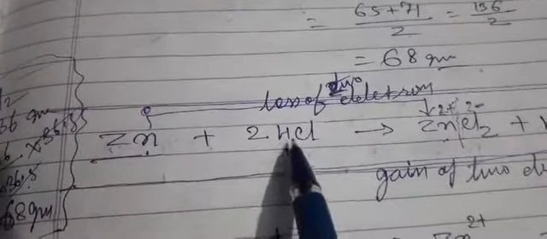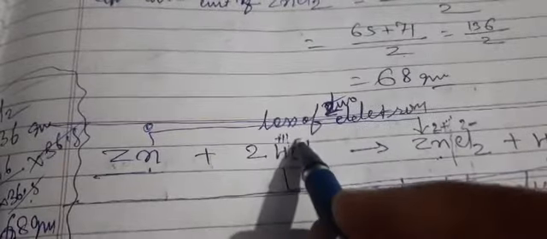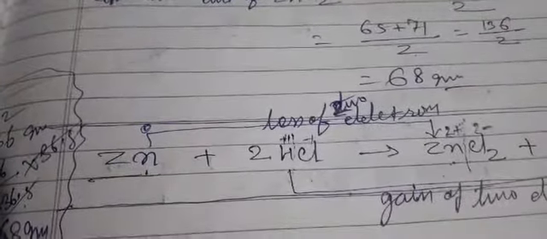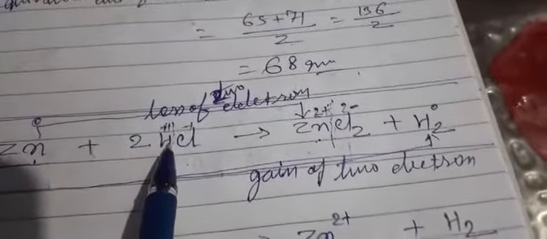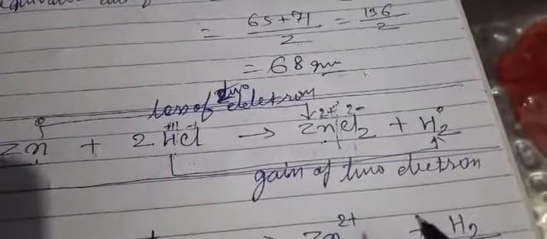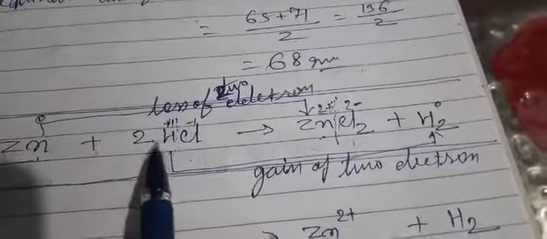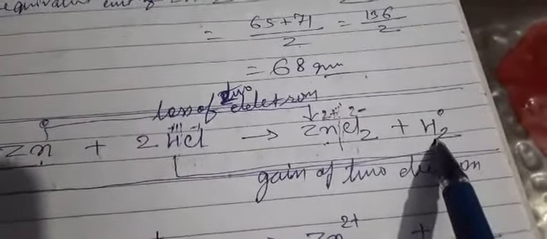Whereas in HCl, the charges over it are +1 and -1. Now compare with the hydrogen. Here the charge is how much? 0. So hydrogen has got +1 charge, and here it has got 0. That means after accepting 1 electron, but 2 HCl is there, so it will gain 2 electrons. H2 means 2 hydrogen atoms are there.